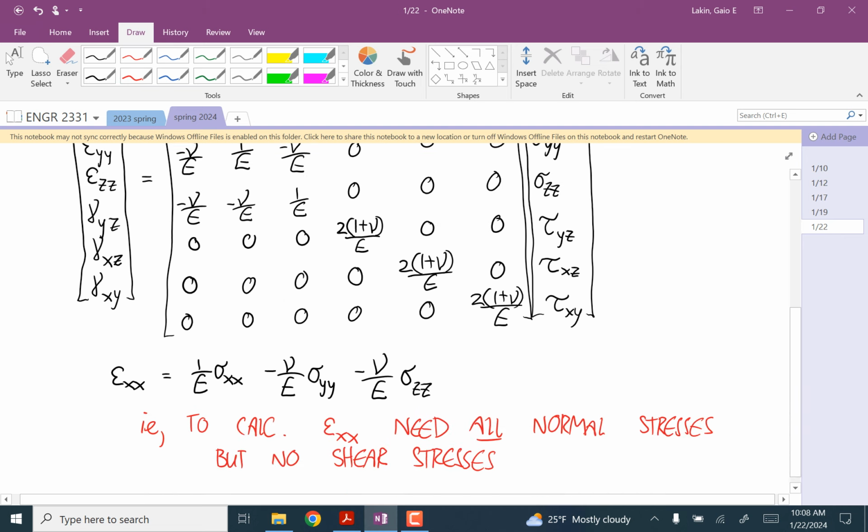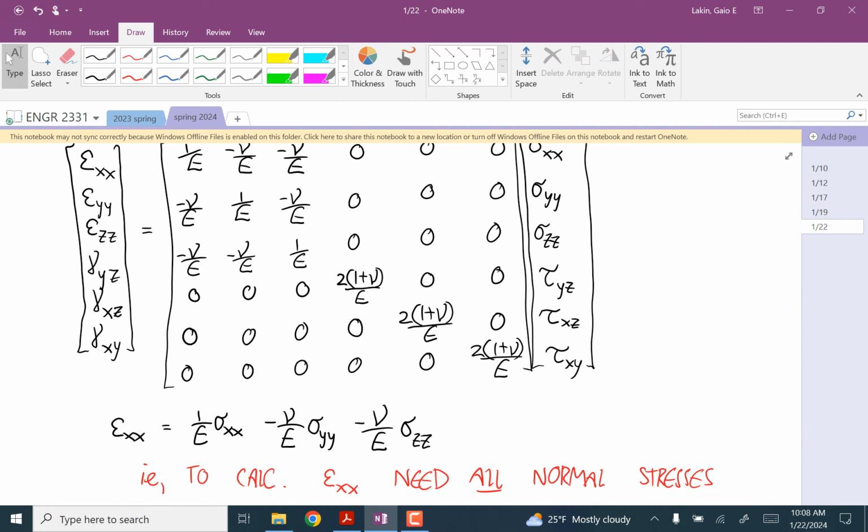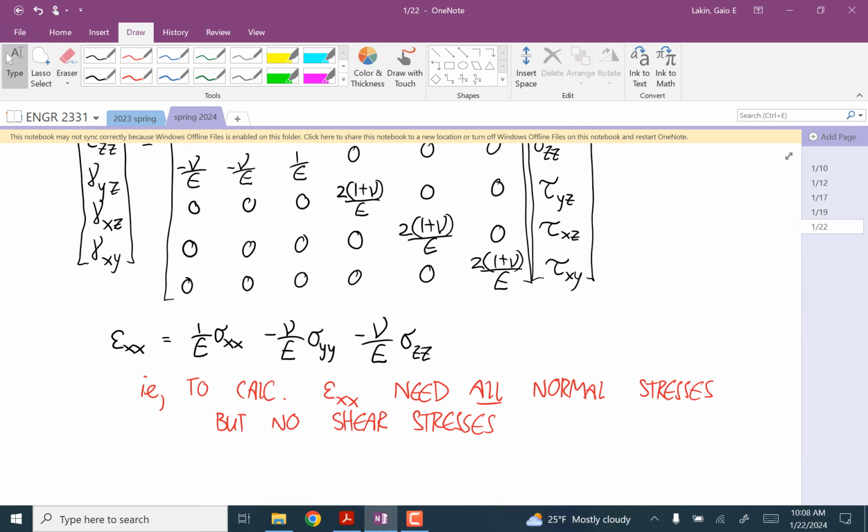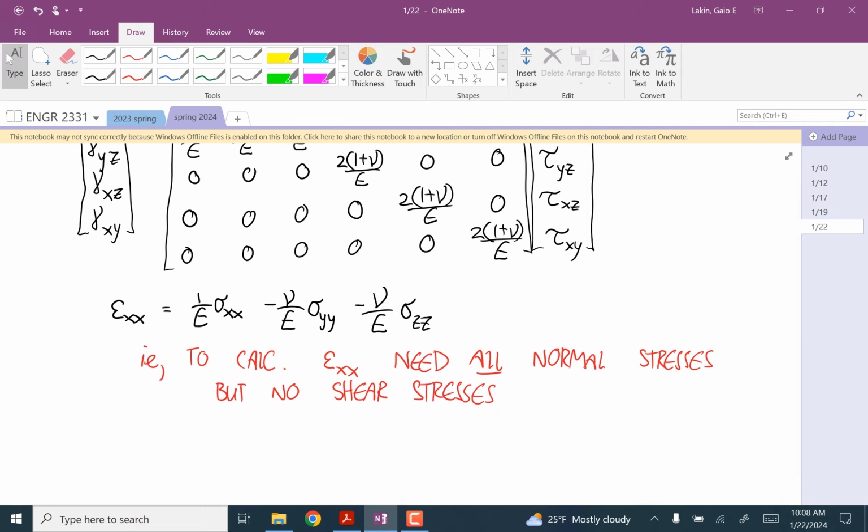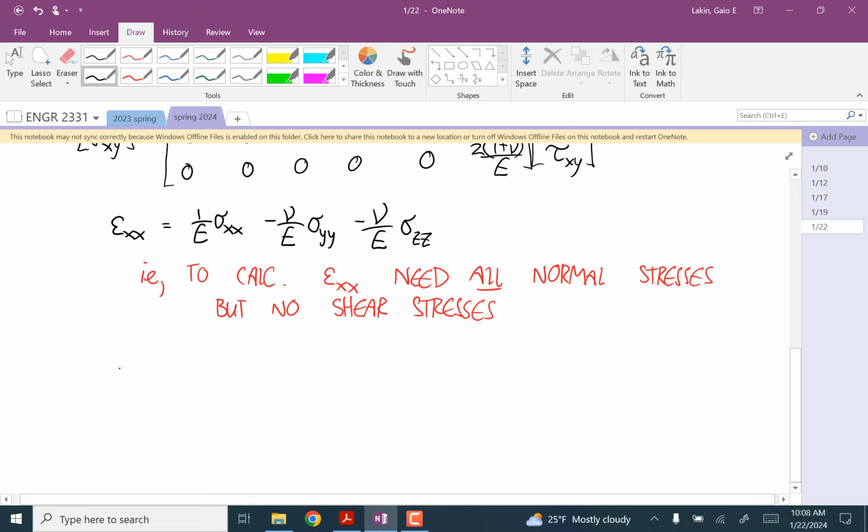And then, basically this question is just asking you to think through these relationships. So what about EYY? Let's just think through all these. EYY is equal to negative nu over E times stress XX plus 1 over E times stress YY minus nu over E times stress ZZ.